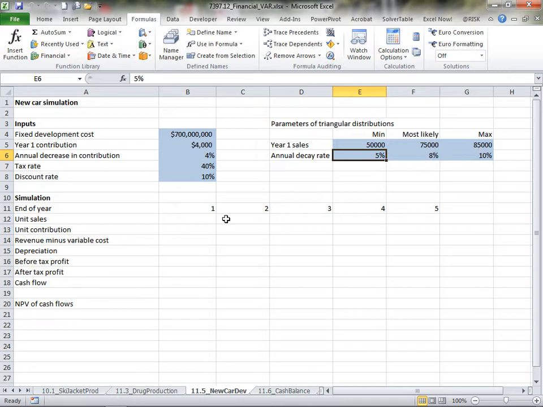Notice that the way this financial model is laid out, it's the end of each year. That means that the fixed development costs are going to come out of the cash flows that we calculate on a yearly basis. And that's what we're trying to do right here, calculate our cash flows.